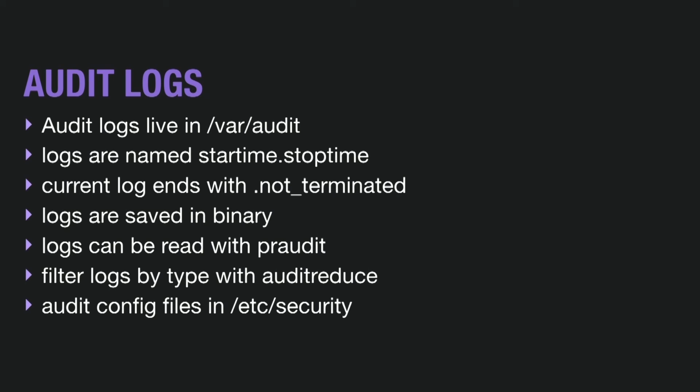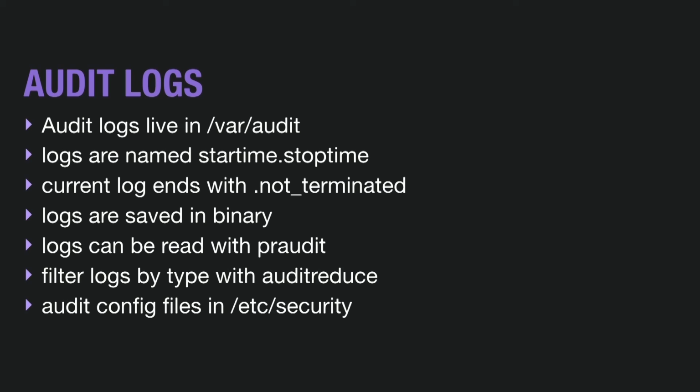Audit logs, they live in var audit. That's their home directory. They're named starttime.stoptime. So if you do an ls in the terminal of that directory, you'll get those long strings, starttime.stoptime. The current one will end with .notterminated, which is helpful.